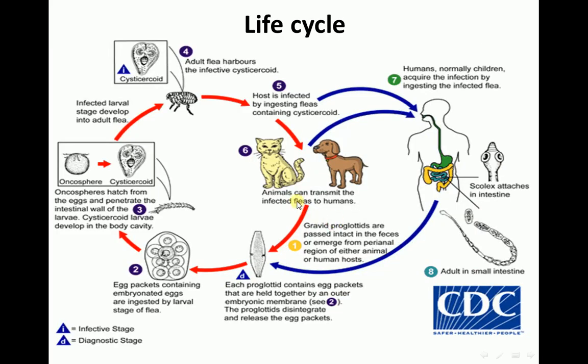Life cycle. Definitive host: cats, dogs, and human. Habitat of this parasite in the small intestine. Diagnostic stage: by shedding of a gravid segment in the stool or by eggs in the capsule.